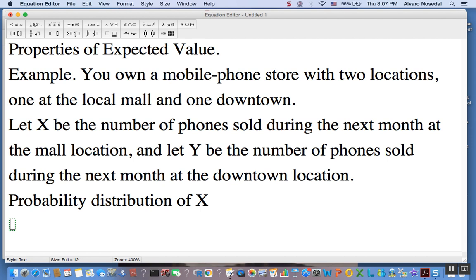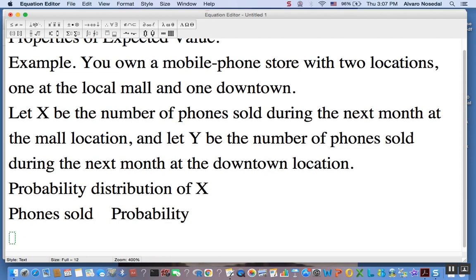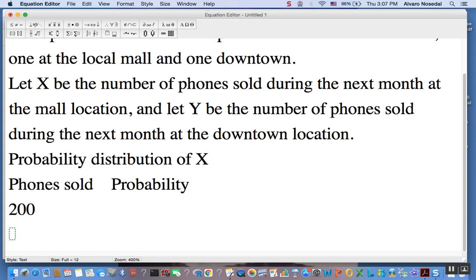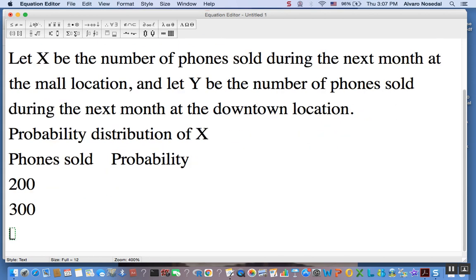Okay. So, on one hand, we have phones sold, and on the other hand, we have probabilities. Based on your experience, these are the possible outcomes: 200, 300, and 400.